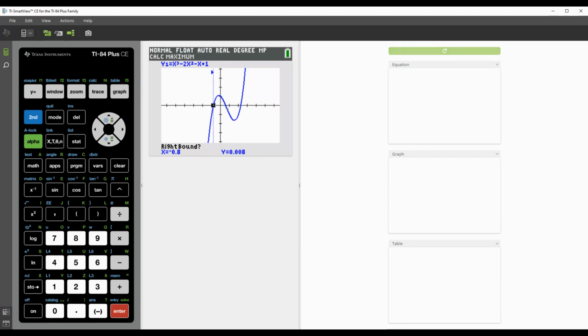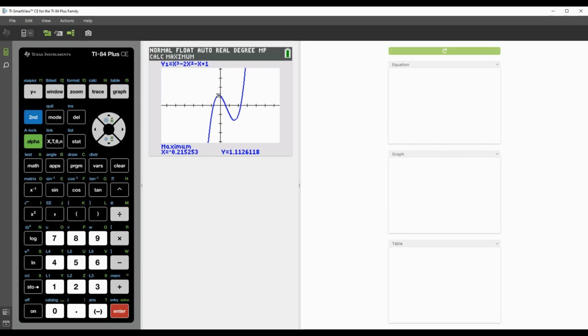So for right bound, I might say, well, I think it's between -1 and 0, but it's definitely between -1 and 1. So I could just type in a 1, hit enter. And what you've done is you've given it 2 numbers to look between. It does ask you to make a guess, but the guess isn't really important, so you can just hit enter.